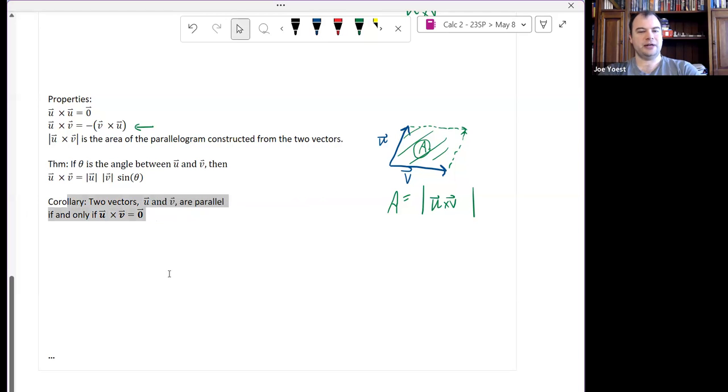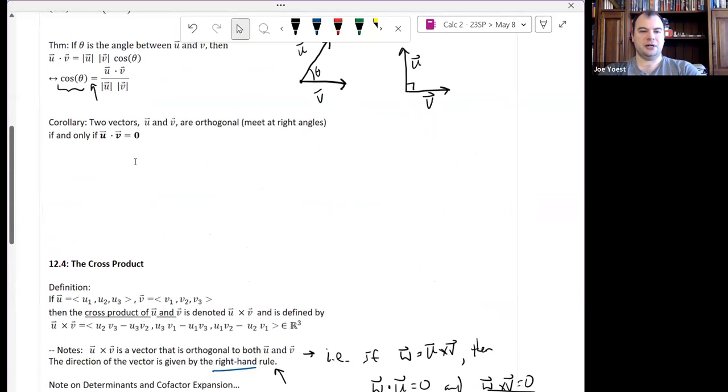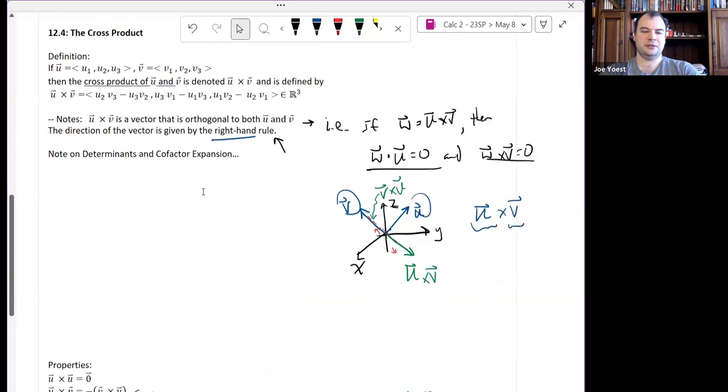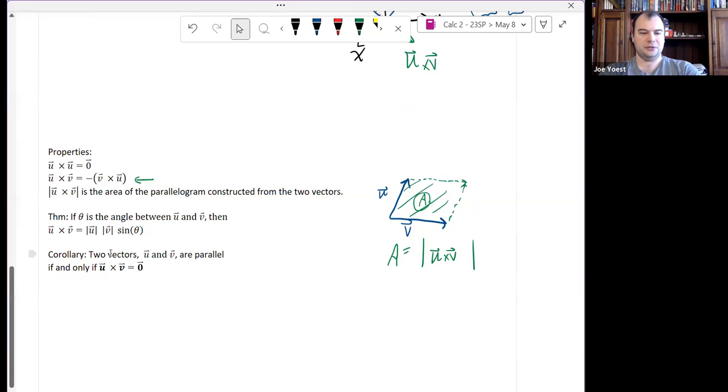And the corollary: two vectors are orthogonal or perpendicular if and only if u dot v is 0. And two vectors are parallel if and only if u cross v is the 0 vector.